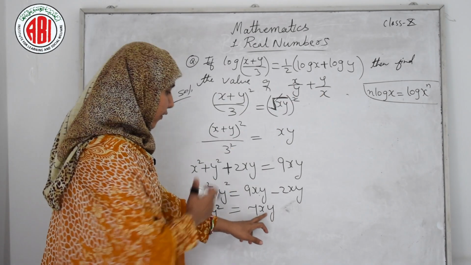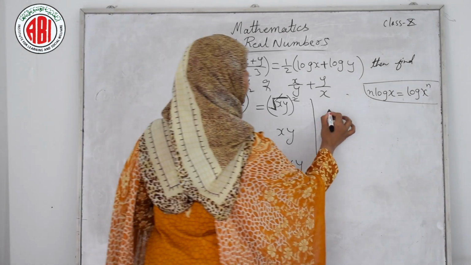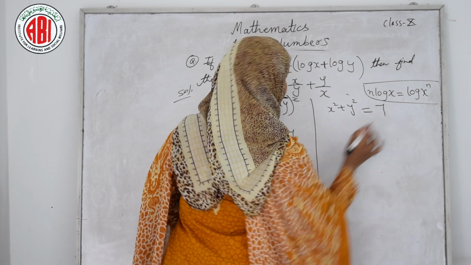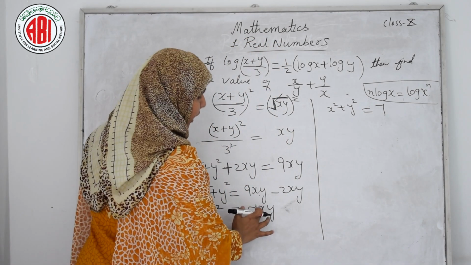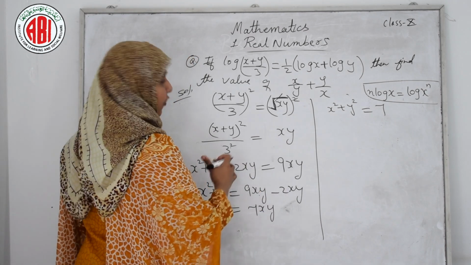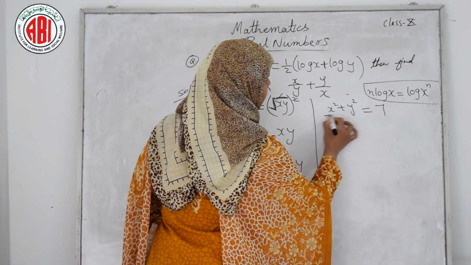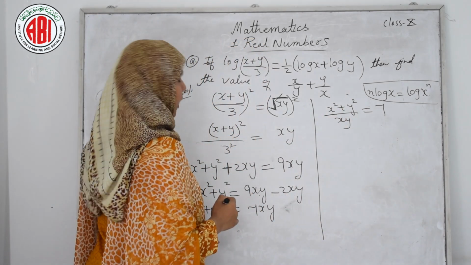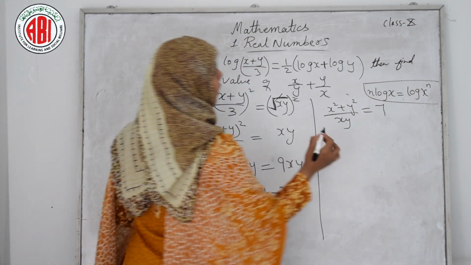This x into y, we will shift to this side. That is, x square plus y square is equal to 7, and we keep 7 as it is. This x and y are in multiplication form, so if you shift to the other side, they come in the denominator xy.